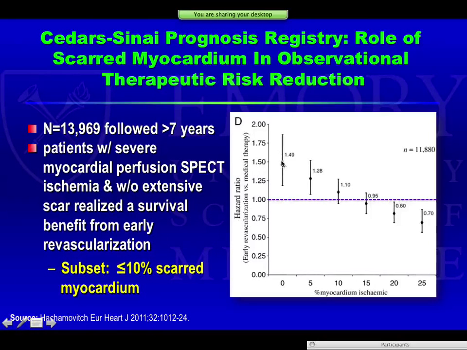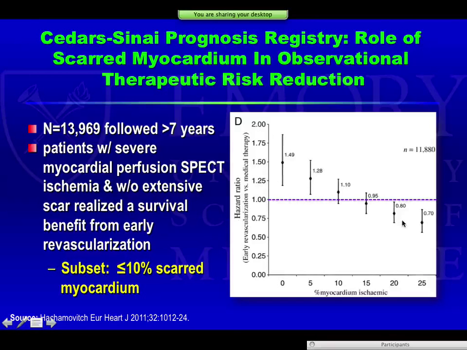You can see these are hazard ratios. Here's a line of unity. Here's one. As these hazard ratios go under, that is when you get a therapeutic benefit with revascularization as compared to medical therapy. So you get this kind of thresholding effect in terms of 10% ischemic myocardium only in the setting when you have minimal scarring.